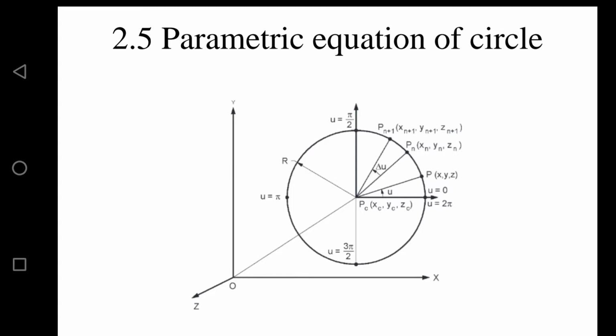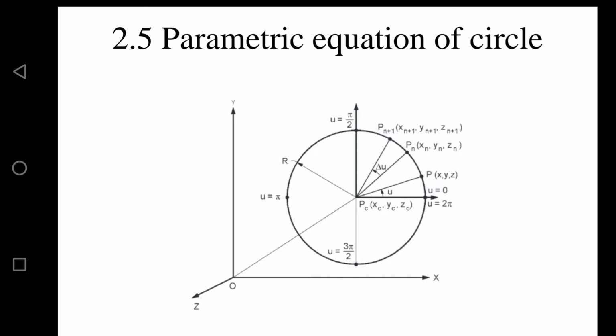If we consider a line, the independent parameter u goes from 0 to 1 from both the ends, but we are considering a circle here, so the independent parameter u goes with the different points and different angular positions from u equal to 0 to u equal to 360 degrees.